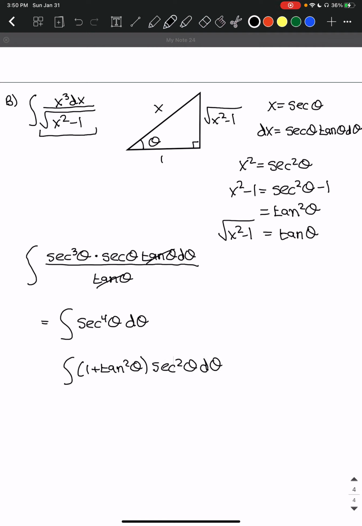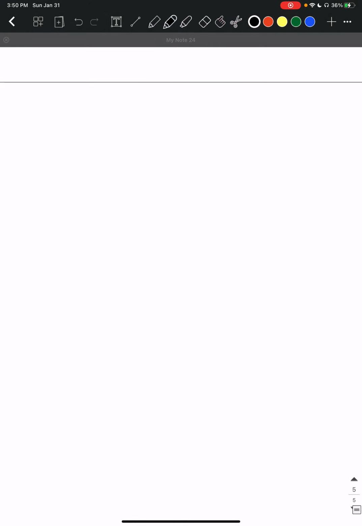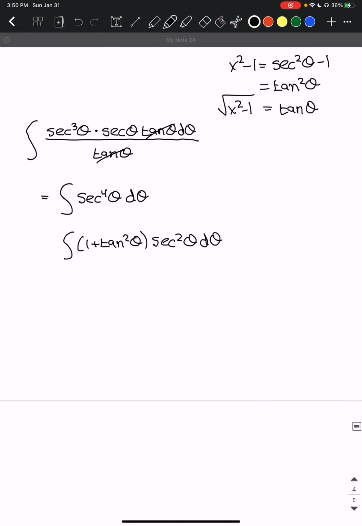So I turn one of these secant squareds into a 1 plus tangent squared through the identity. I can split this up into the integral of secant squared theta d theta plus the integral of tangent squared theta secant squared theta d theta.